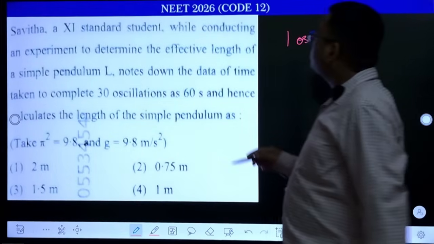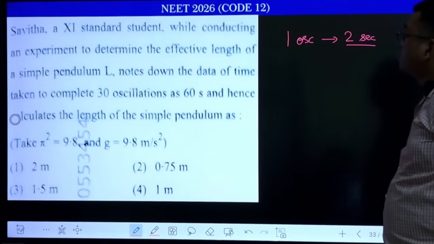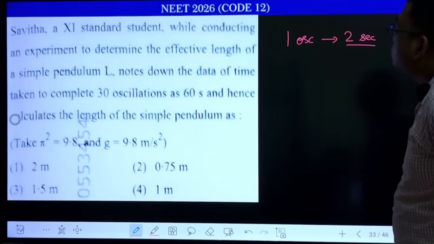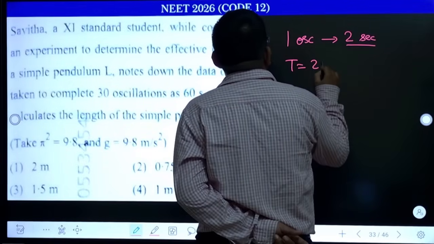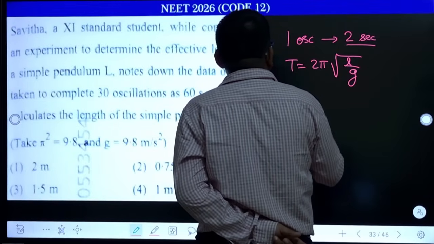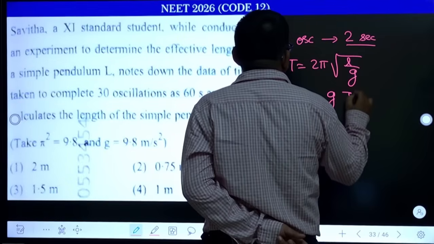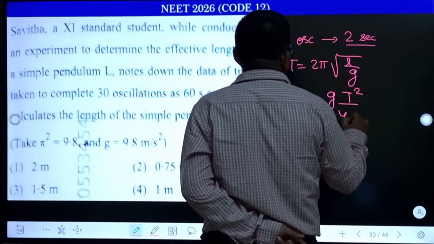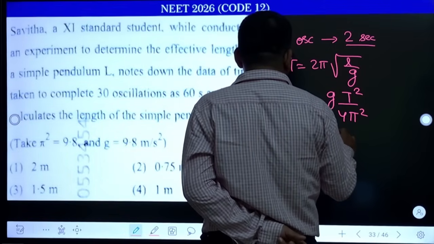The time period formula is, the length we need to calculate. So time period is 2 pi root under L by g. So L is equal to g T square by 4 pi square. Now suppose g is 9.8.